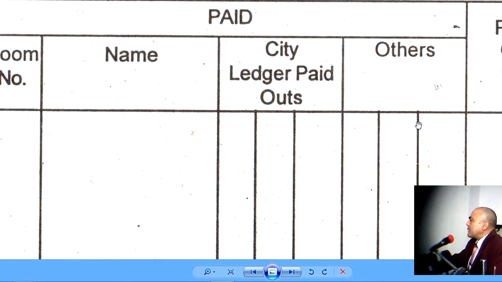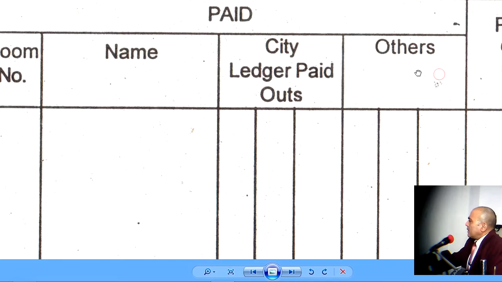So they can be recorded here, and the details may be mentioned here. What is very important here is to understand that all these payment transactions must be recorded on a special document called a paid out voucher, a visitor's paid out voucher, and it will be a numbered document, so that number also must be mentioned here, recorded here.